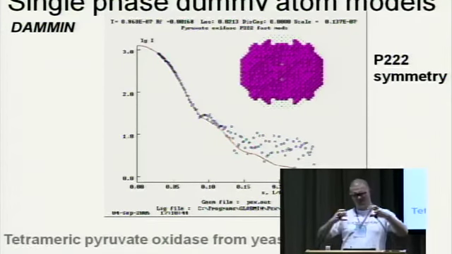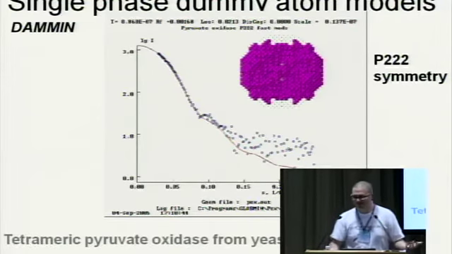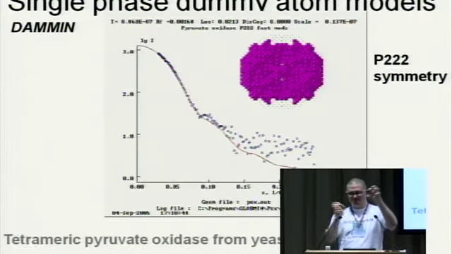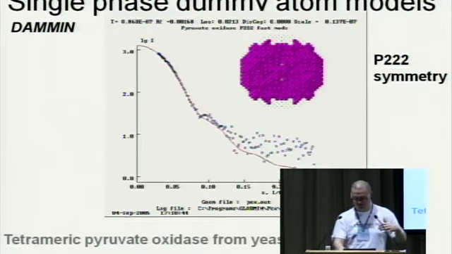Not cubic, but you know what P222 is, right? P2 is like a dimer, and if you make a tetramer out of this P2, you will get the P22 symmetry, or P222, which is the same. So it's a tetramer, but a tetramer where the monomers are not like a cross, but form more like a cube, like this thing.